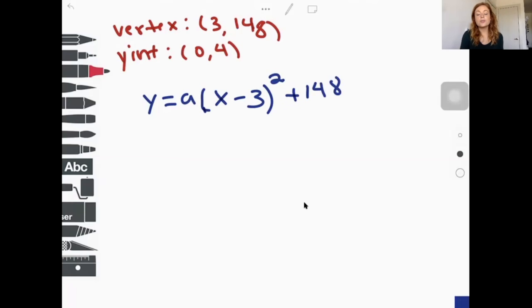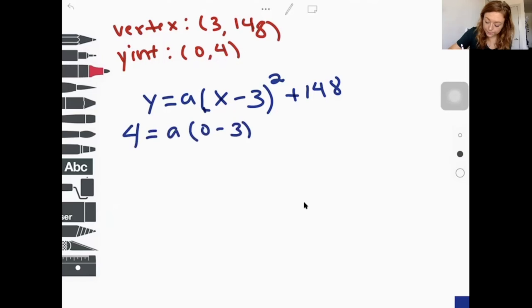So that is step 1. Now I still need to find that a value, so that's where my y-intercept becomes helpful. I'm going to use that y-intercept to find my a. So I have a y value of 4 when my x is 0.